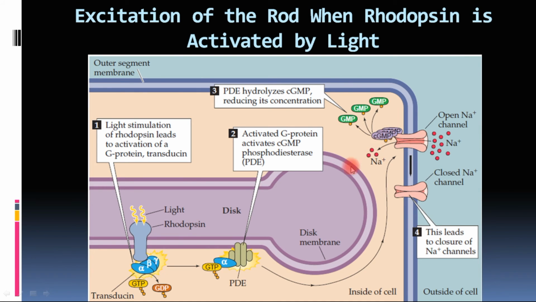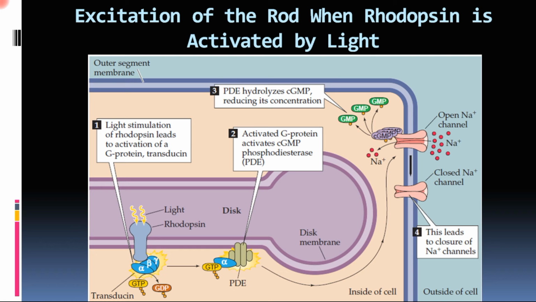So when the rhodopsins get activated, they activate the phosphodiesterase, and phosphodiesterase breaks down the cyclic GMP into GMP. Then the concentration of cyclic GMP decreases, resulting in closing of the sodium channel, and this closing of the sodium channel is the one which will produce the required change in the membrane potential, so as to stimulate the next layer of cells.